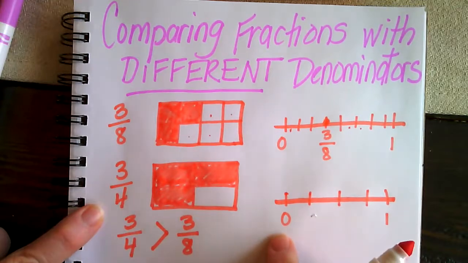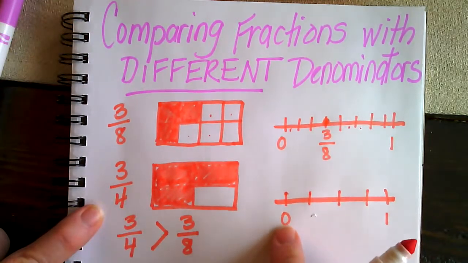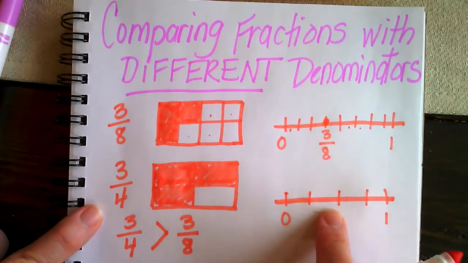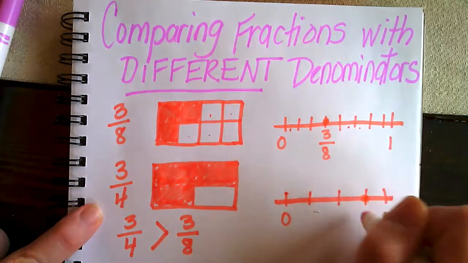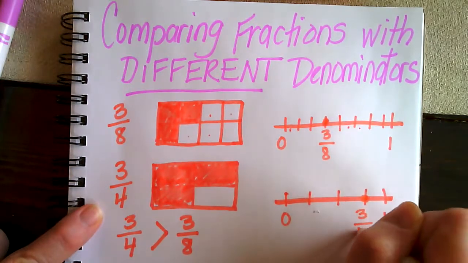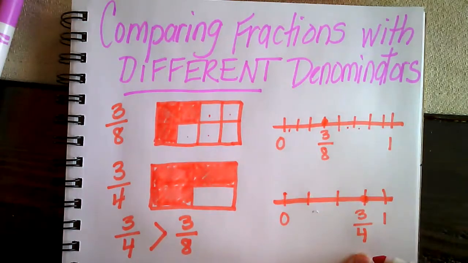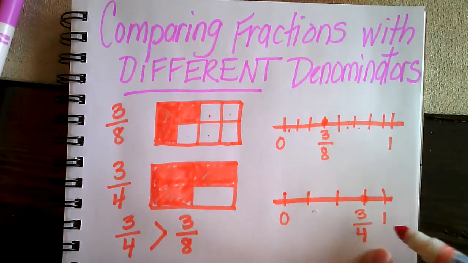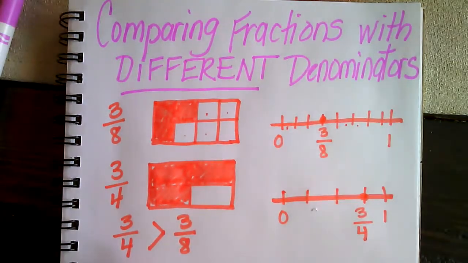And let's go ahead and plot where 3/4 would be on the number line. 0/4, 1/4, 2/4, 3/4. Now just by looking at that number line, you can see that 3/4 is closer to 1 than 3/8. So 3/4 is the greater fraction.